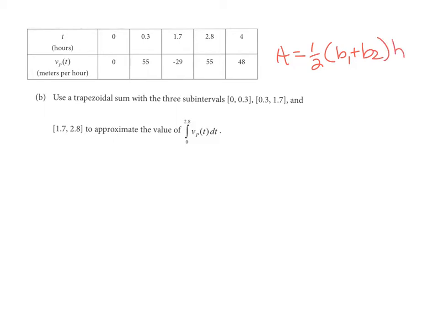In the context of the trapezoidal sum in calculus, the height is going to be our delta x, in this case delta t, which is the distance between our t values. Base 1 and base 2 are going to be our y values, which in this case are our v values.